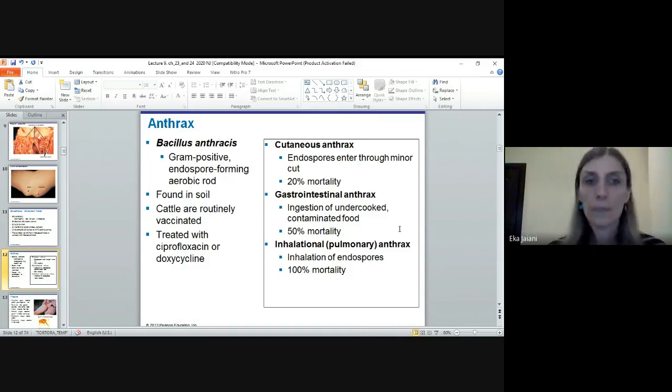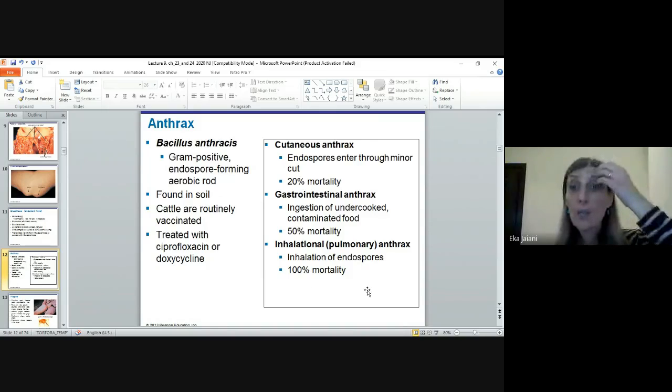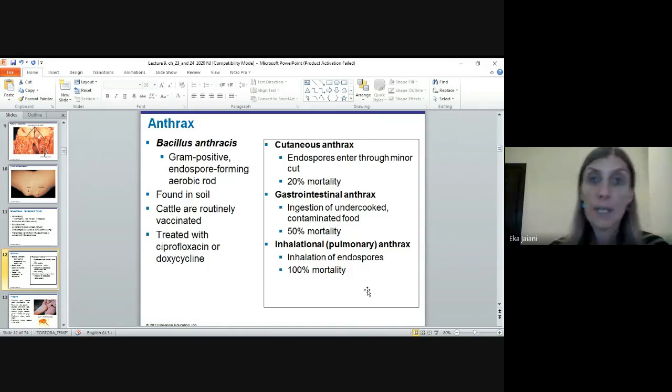So it is a very dangerous disease. And inhaled pulmonary anthrax is the most dangerous because if untreated, here we have 100% mortality. In the US, people were treated and still 50% died.